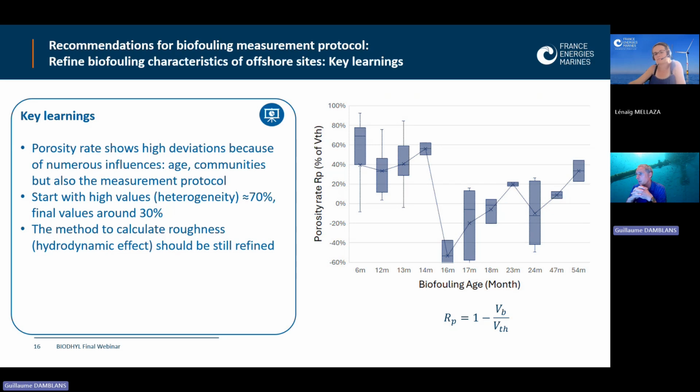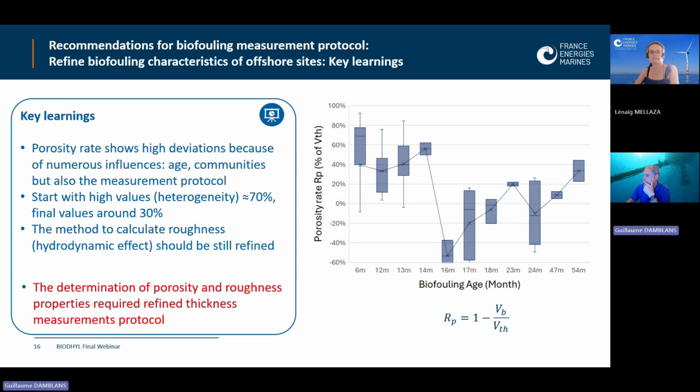But we also see that the porosity is very high at the beginning, and seems to be lower, around 30%, after 3 to 4 years. So this is to be confirmed, but it could be interesting to go further on this. The porosity may also feed some data to derive a more representative thickness.